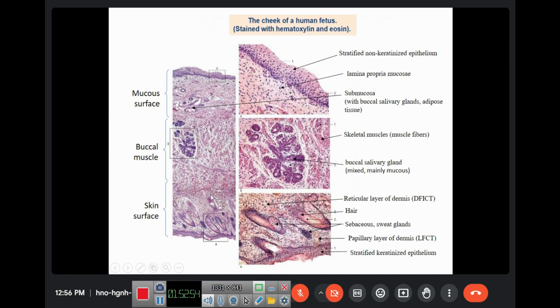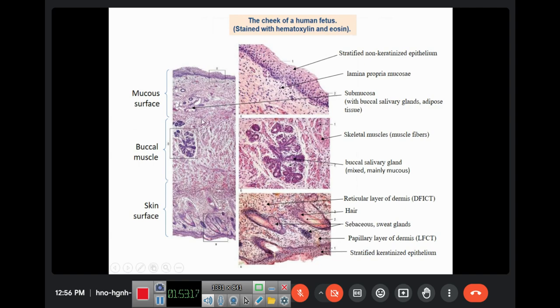The reticular layer of dermis is connected to the buccal muscle, as the submucosa of the mucous surface also is connected to the buccal muscle with the help of very thick bundles of collagen fibers which go from the lamina propria mucosa directly towards the muscle layer.